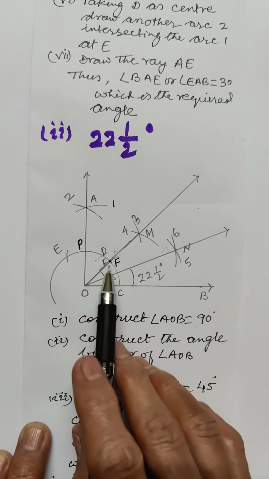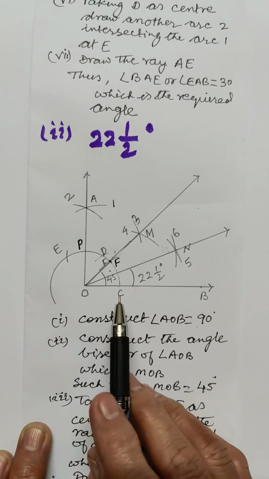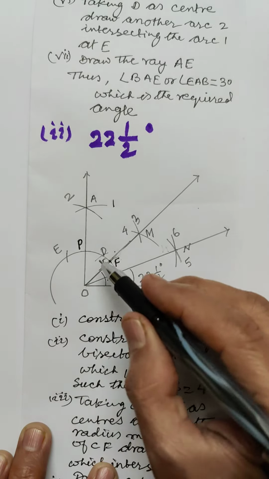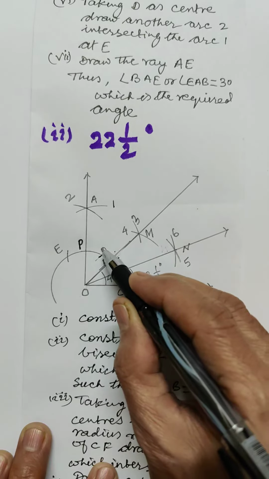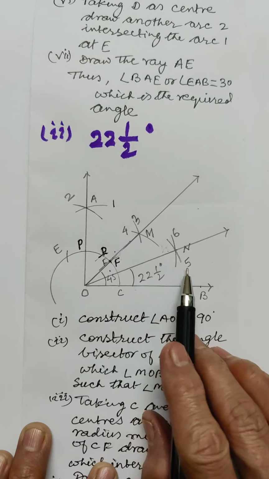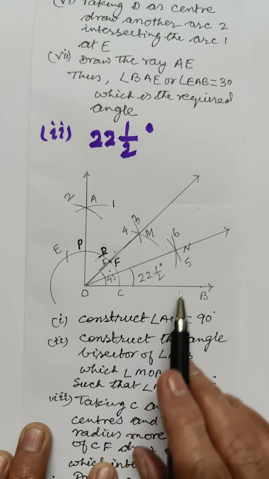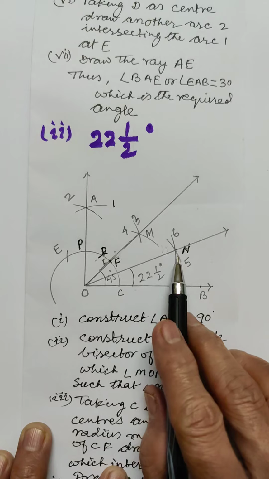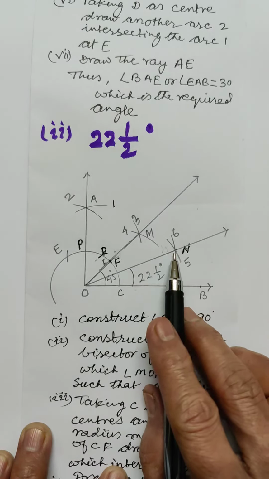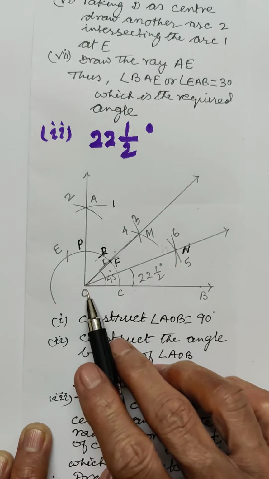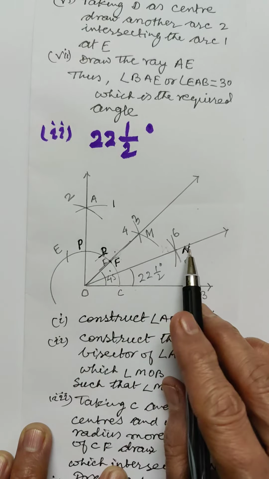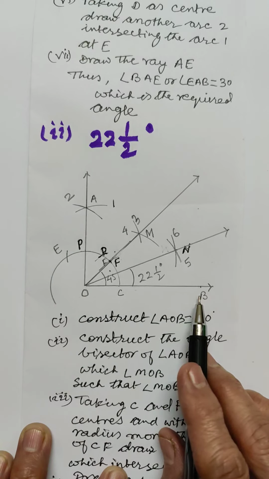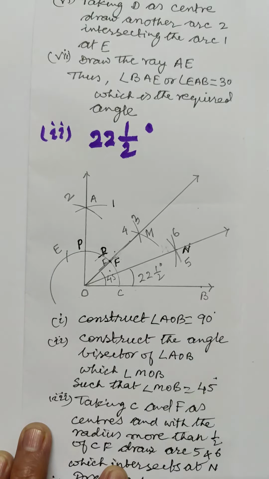Now taking C and F as centers and with suitable radius more than half of CF, we have drawn arc number 5 and 6 which intersect each other, say at N. Now we have drawn a ray ON passing through N. So this way NOB is an angle of 22.5 degree.